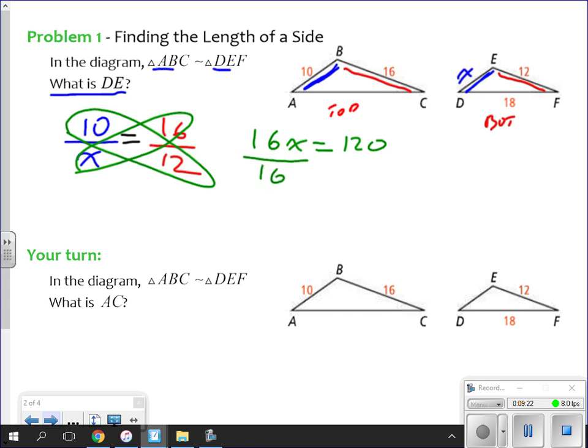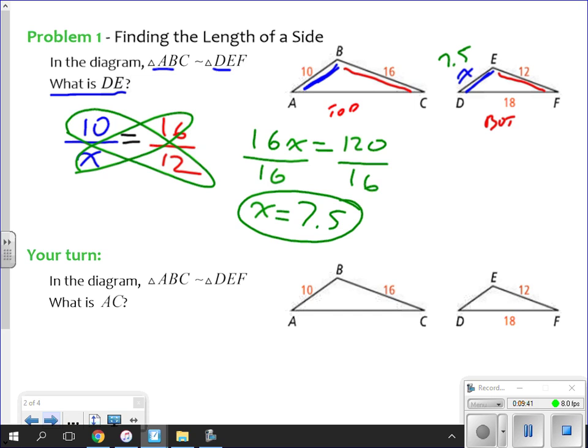Divide both sides by 16. And I get x equals, what do you get? 7.5. So that means that this is 7.5.